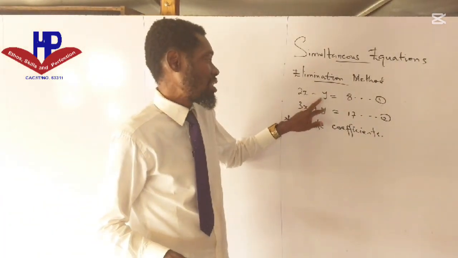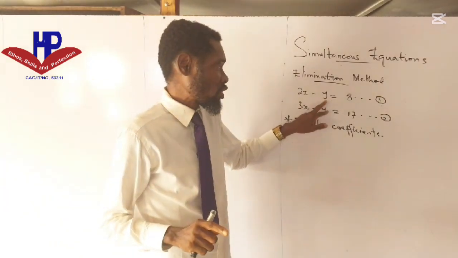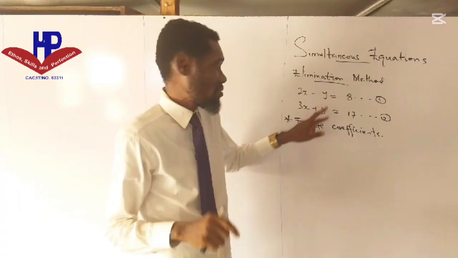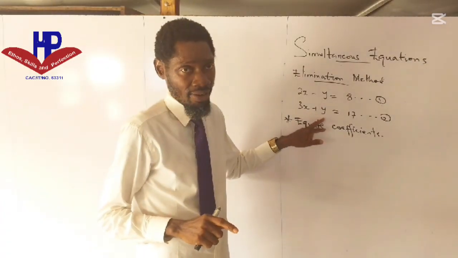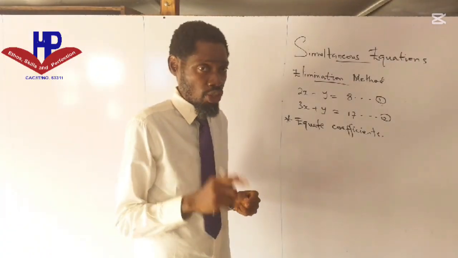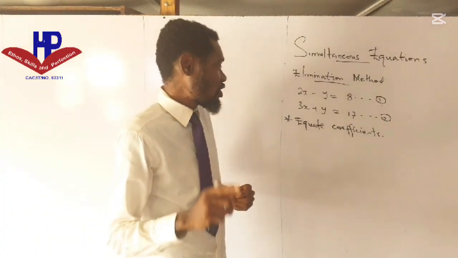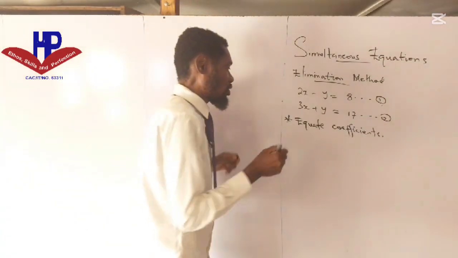Here it is minus 1 and here it is plus 1. The coefficient of y in equation 1 is minus 1, and the coefficient of y in the second equation is plus 1. I would have eliminated y directly, but I won't do that. So the first thing you must do is to equate the coefficients.